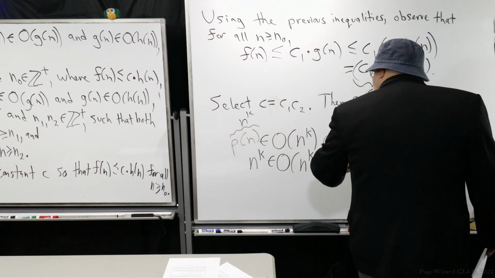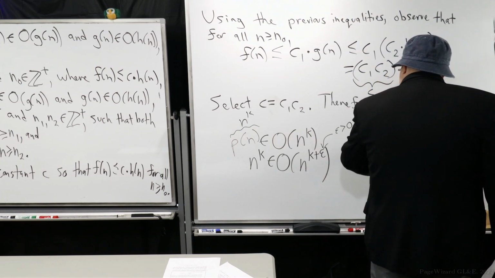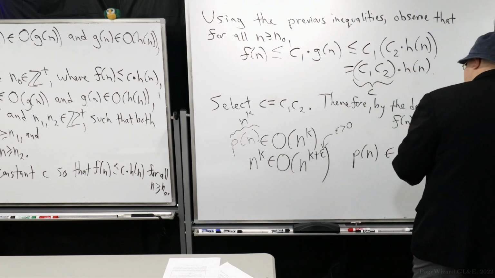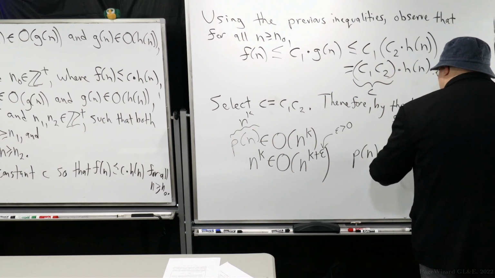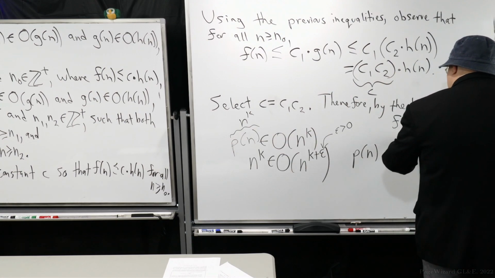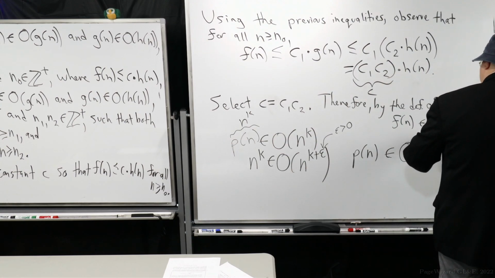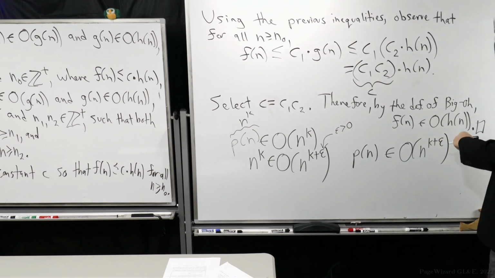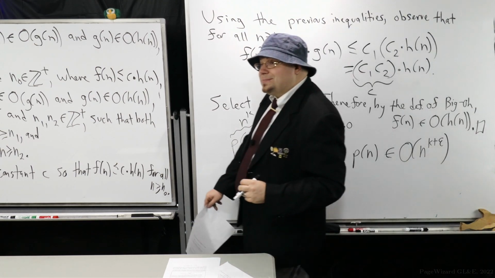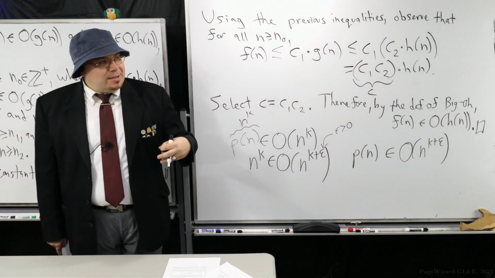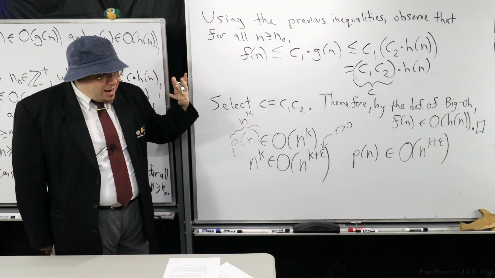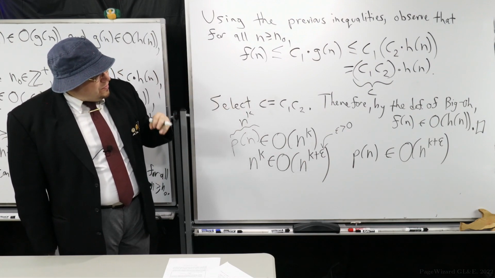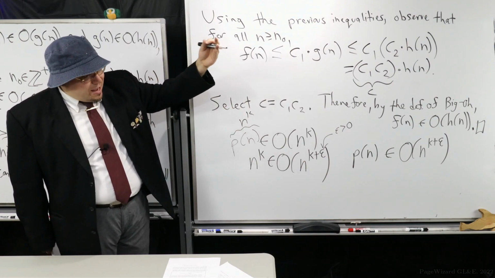So from this, I can conclude that given a polynomial, as per the way I had it in the previous session, it's big O of n to the power of k plus epsilon, where epsilon is any positive real constant. So you can show that any polynomial with dominant term n to the k is big O of n to the k plus epsilon.